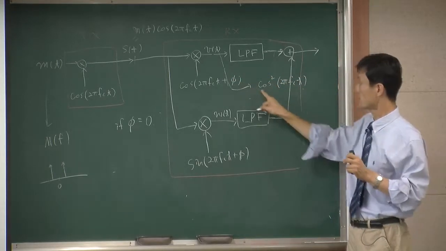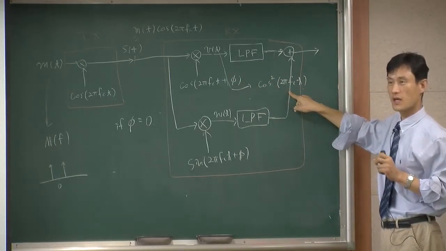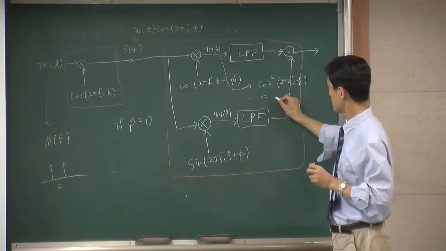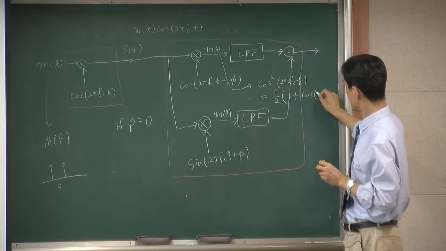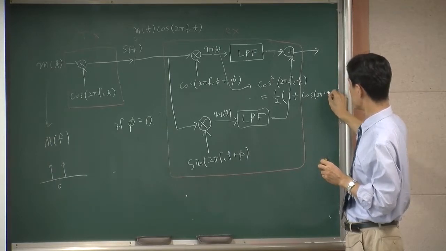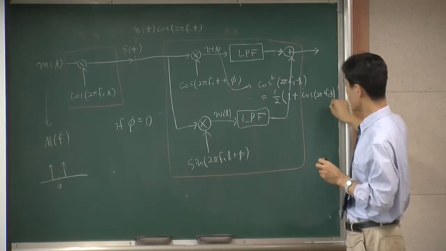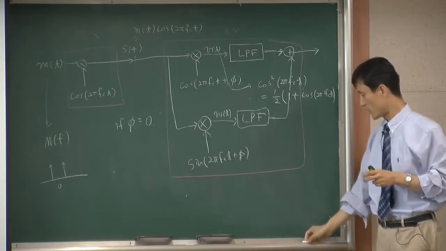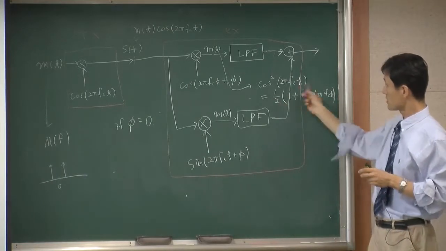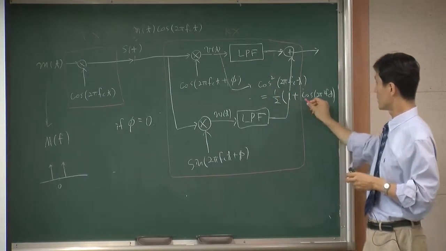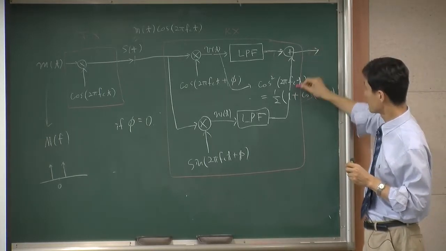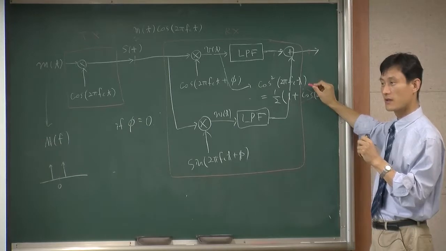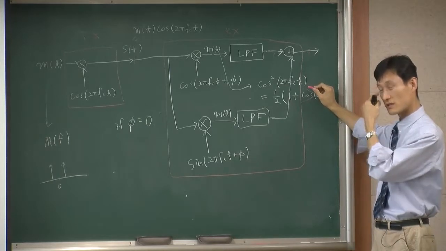It's simply cosine square, right? And cosine square is the same as half of 1 plus cosine 2 pi 2fc t. We are talking about the same thing again. Now by putting this signal into the low-pass filter, we remove the high-frequency term, so you're going to get only this component back. That was what we discussed.